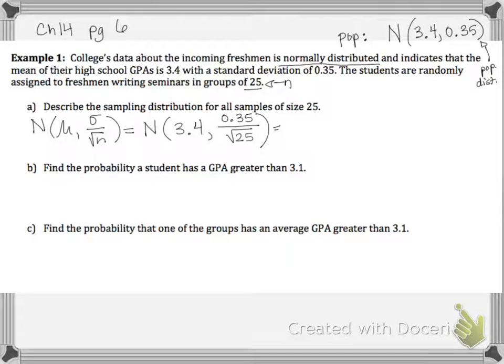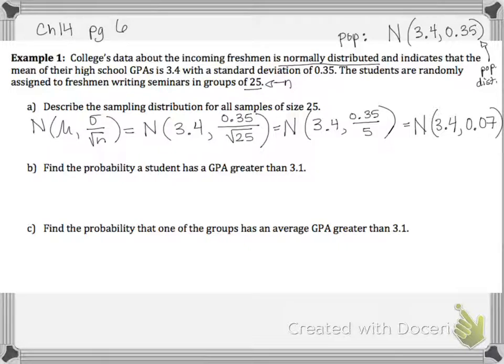So I'm going to go ahead and break that down one more step here. This would become 3.4 and then 0.35 over 5. That's the square root of 25. So my new model has a mean of 3.4 and a new standard deviation of 0.07. Really, really small compared to the old standard deviation.